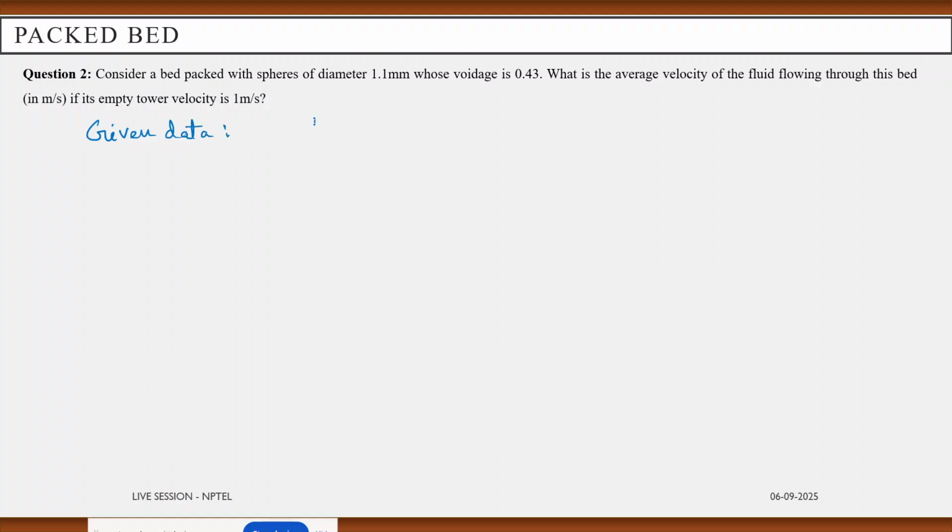Here the given data are empty tower velocity, that means superficial velocity, and void fraction 0.43. Now you have to calculate the average velocity.